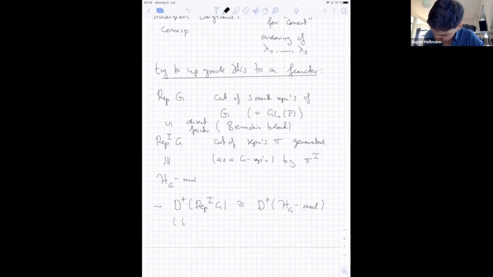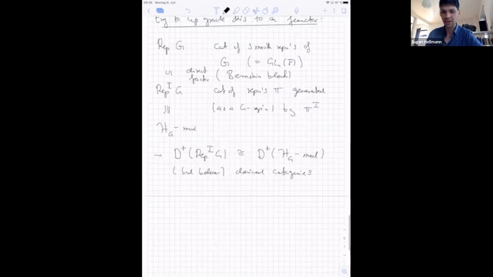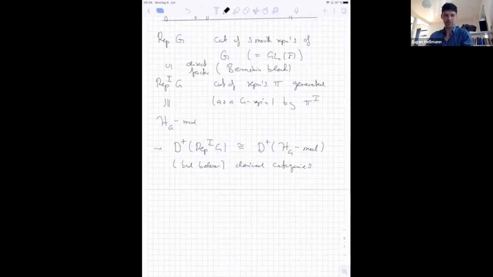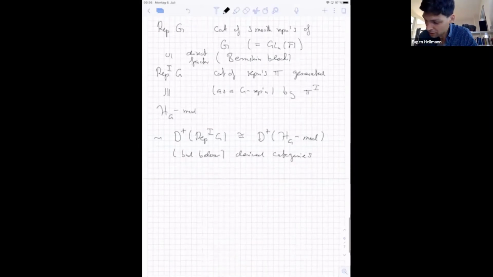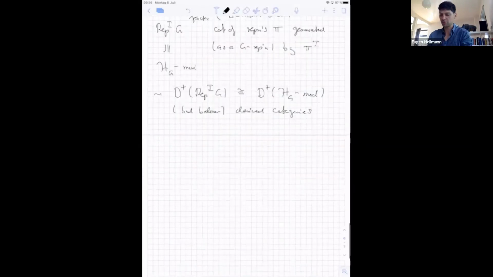So these are the bounded below derived categories. All right. So these are the categories on the representation theoretic side. So on the side of phi-N modules, I will consider the following.